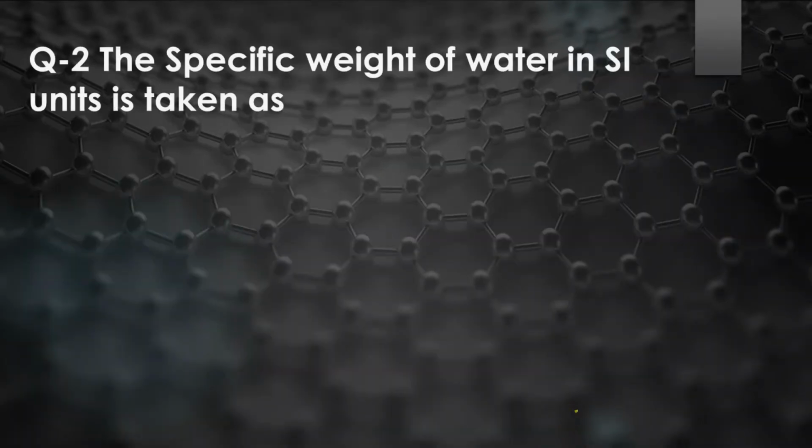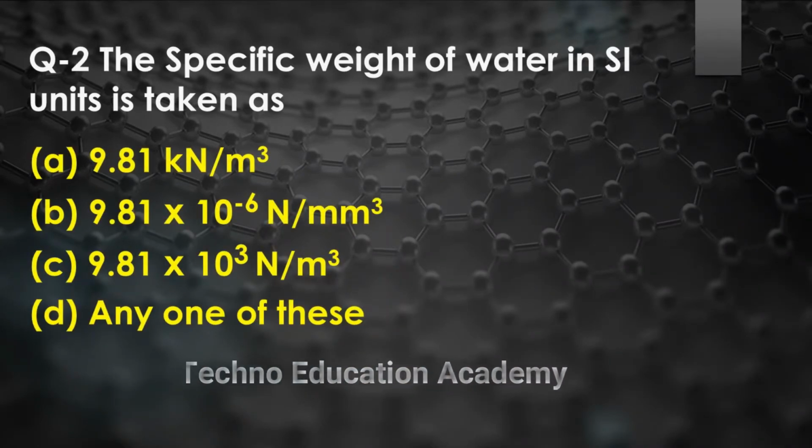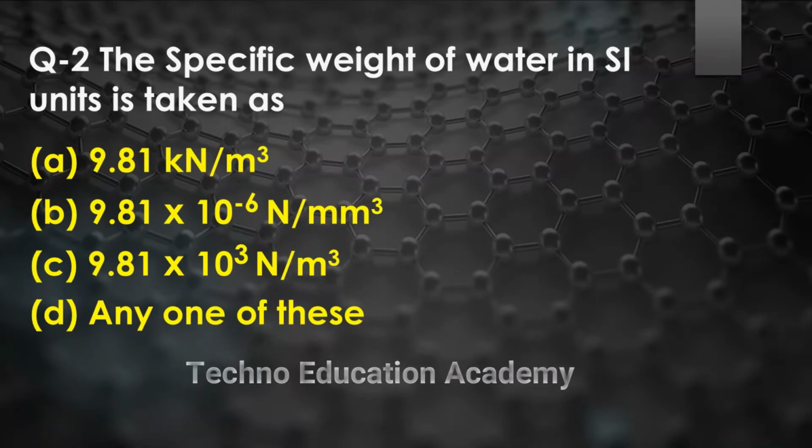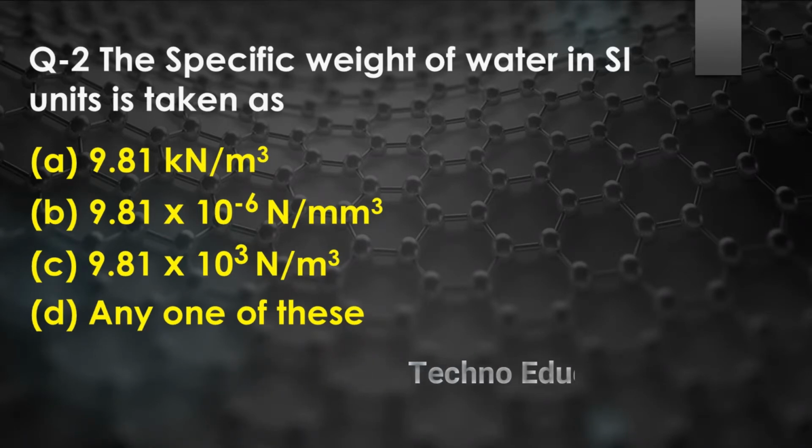Question number 2. The specific weight of water in SI unit is taken as: option A, 9.81 kilonewton per meter cube; option B, 9.81 into 10 raised to minus 6 newton per mm cube; option C, 9.81 into 10 raised to 3 newton per meter cube; option D, any one of these.